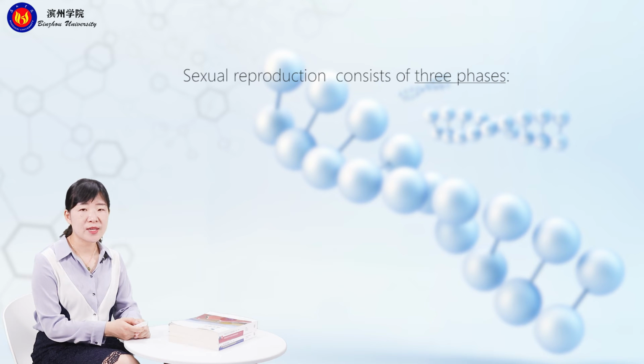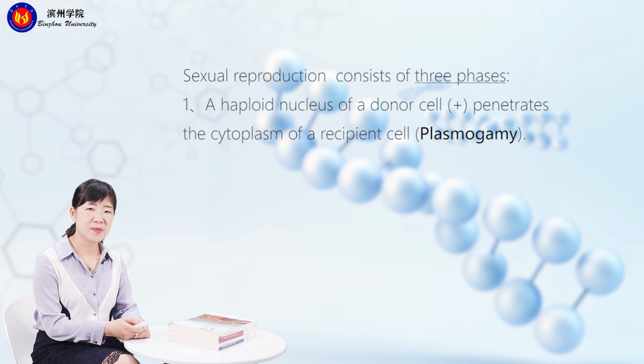Sexual reproduction consists of 3 phases. The first, a haploid nucleus of a donor cell (plus) penetrates the cytoplasm of a recipient cell. This phase we call plasmogamy.